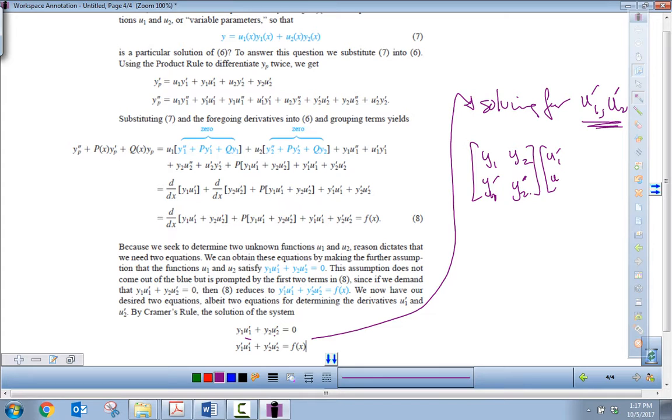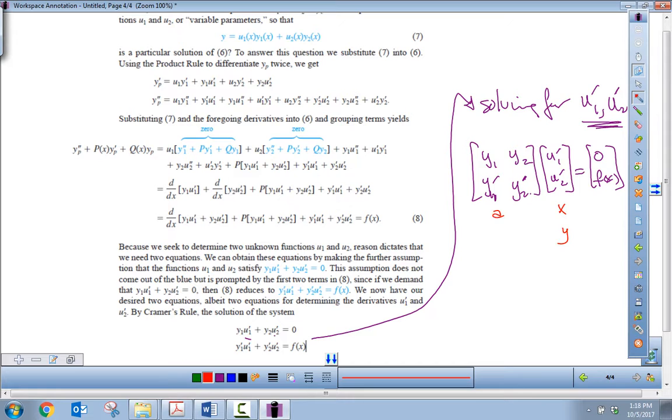It's like u1 prime and u2 prime is the vector that you're solving for, and then this is equal to the right-hand side, which is 0 and f(x). So if you tie this into Cramer's rule, this is like x and y.